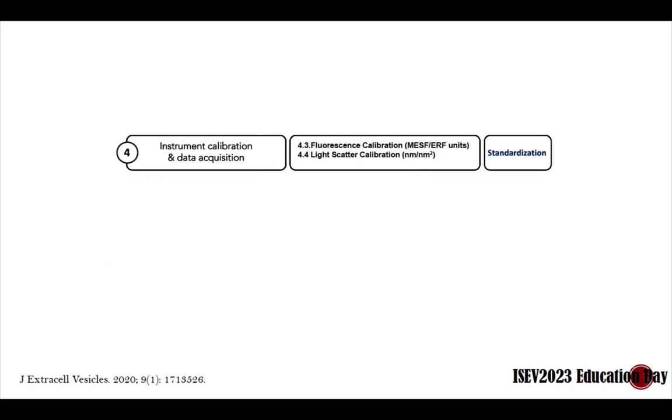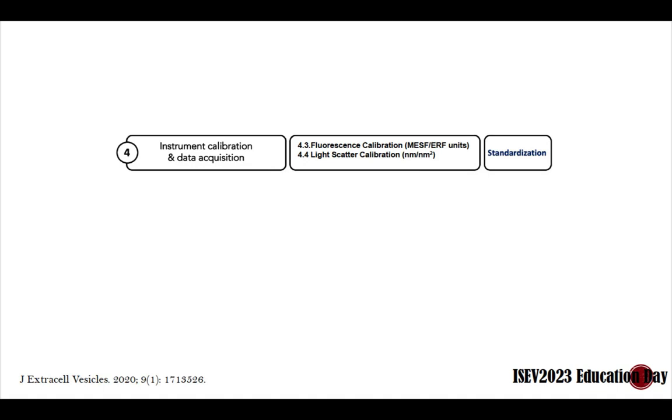So the other thing I'd like to highlight is the fact that standardization, so instrument calibration and reporting of your data acquisition in standard units, is very important for us to be able to compare and be convinced that what you're looking at are single particles of virus. Now this can be very different than what most of us are used to when you're reporting on, for example, lymphocytes, like T-cell populations.